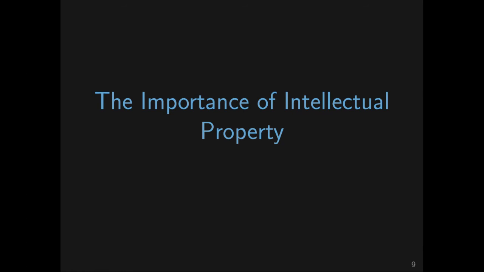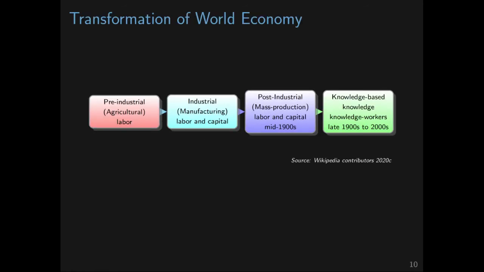What's the importance of intellectual property? To understand the importance of intellectual property, it may be a good idea to look at the way the global economy has transformed over the years. The global economy was initially agricultural.